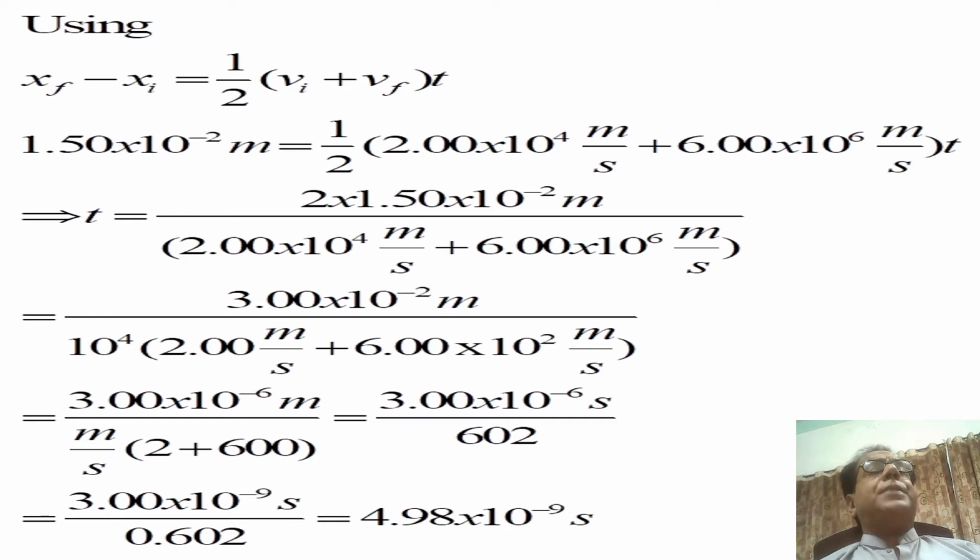Using the expression xf minus xi equal to half (Vi plus Vf) into T. Dear students, in the last slide of this module, we will discuss this equation along with several equations related to it.